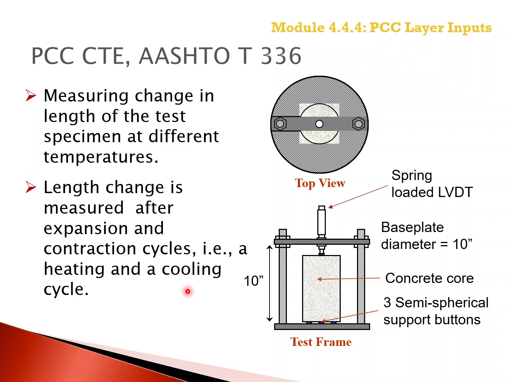The CTE values in the current LTPP database have been corrected and updated, so the current values can be used by the user. For a more detailed description of the test method and outcome, the designer is referred to AASHTO T336.